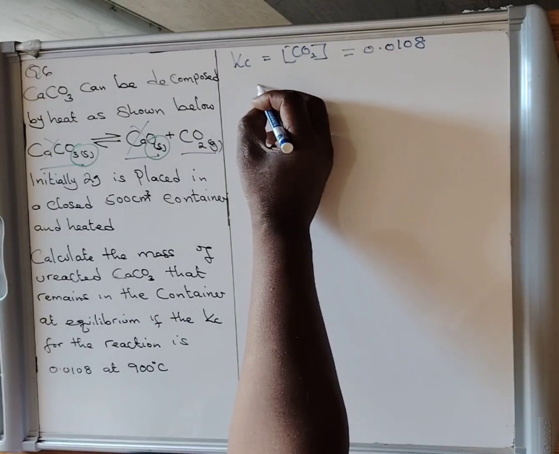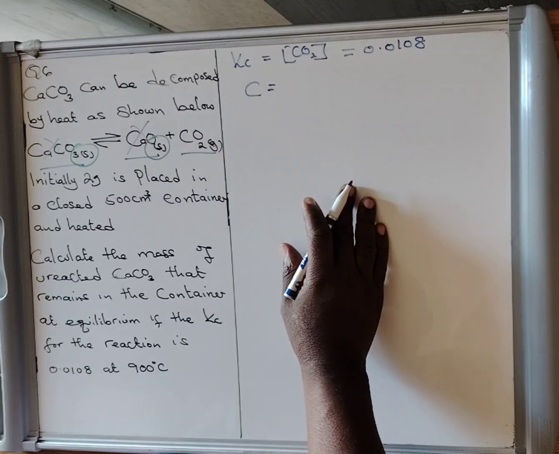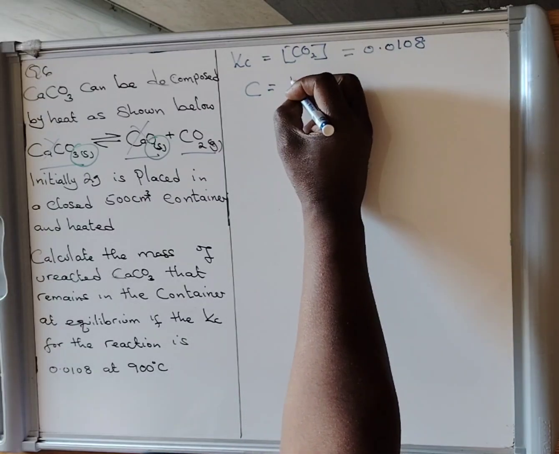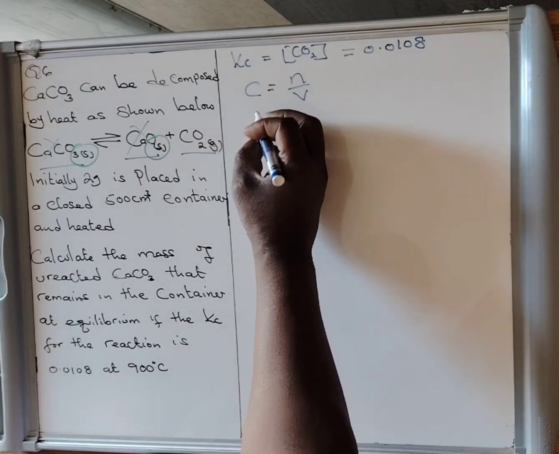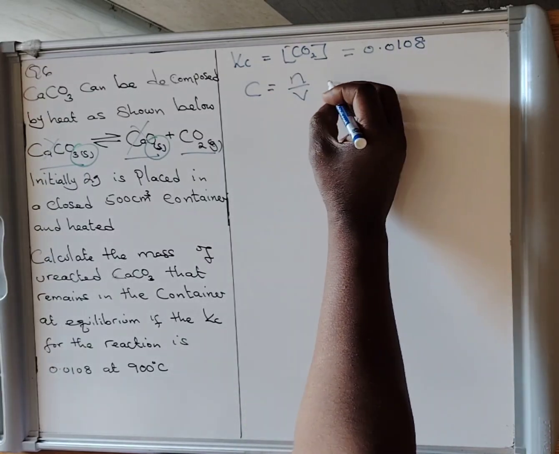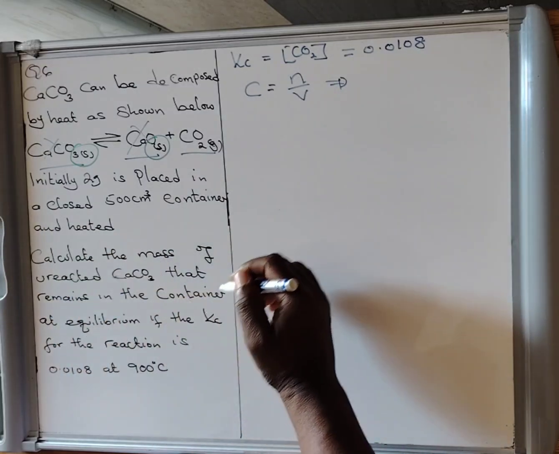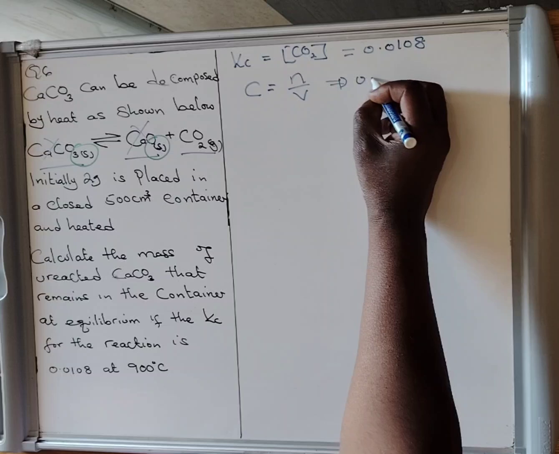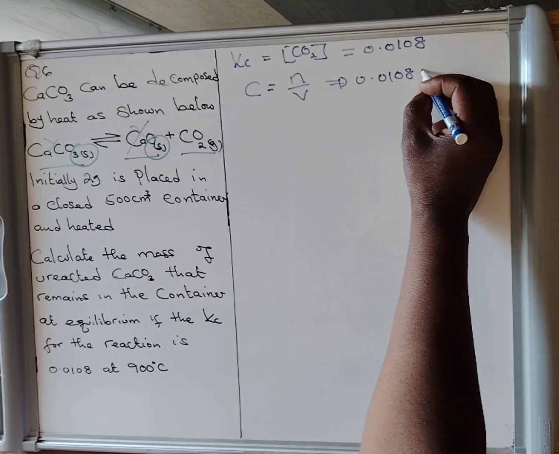We can find the number of moles of carbon dioxide using the formula C is equal to n over V. Our C is 0.0108. We have it there.